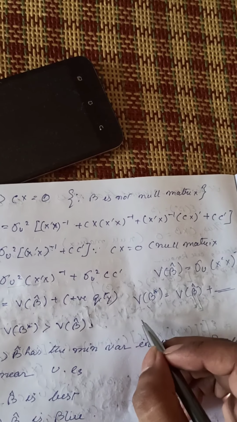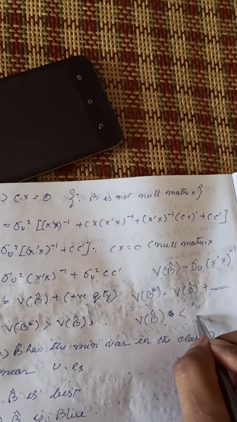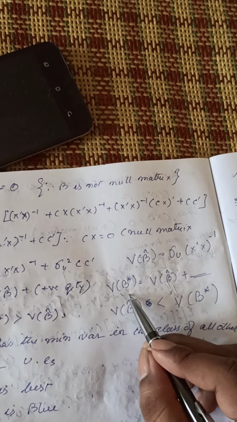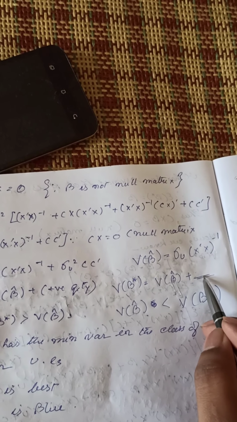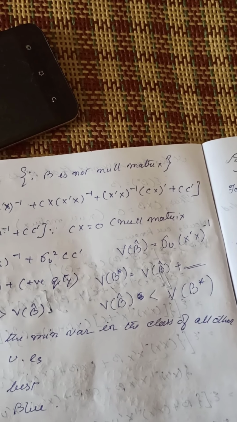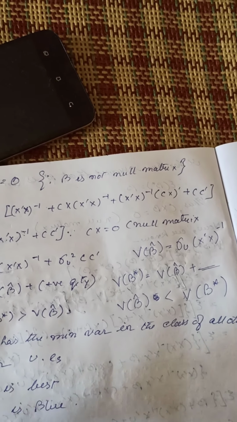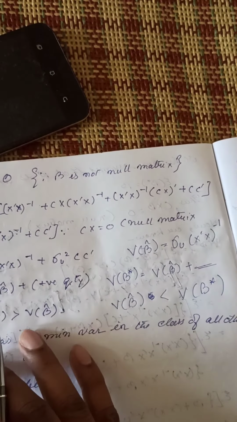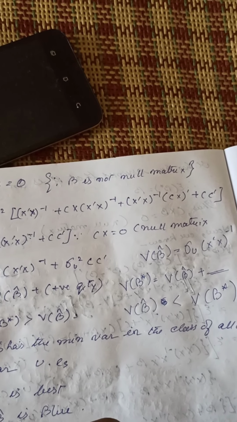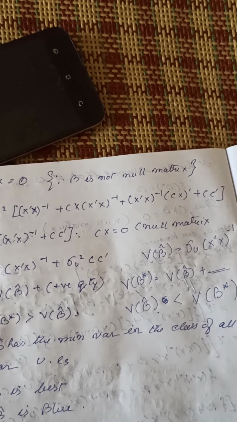So that means variance of beta cap is smaller than variance of beta star, because variance of beta star has something more than variance of beta cap. Thus we can say that beta cap has the lowest variance compared to any other estimator, and therefore, as its variance is less, we can consider beta cap to be the best estimator, as it has the lowest variance.